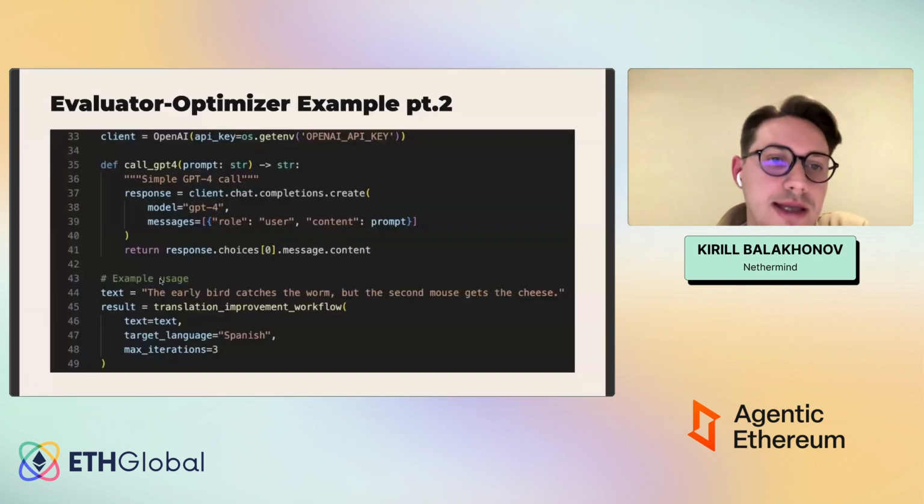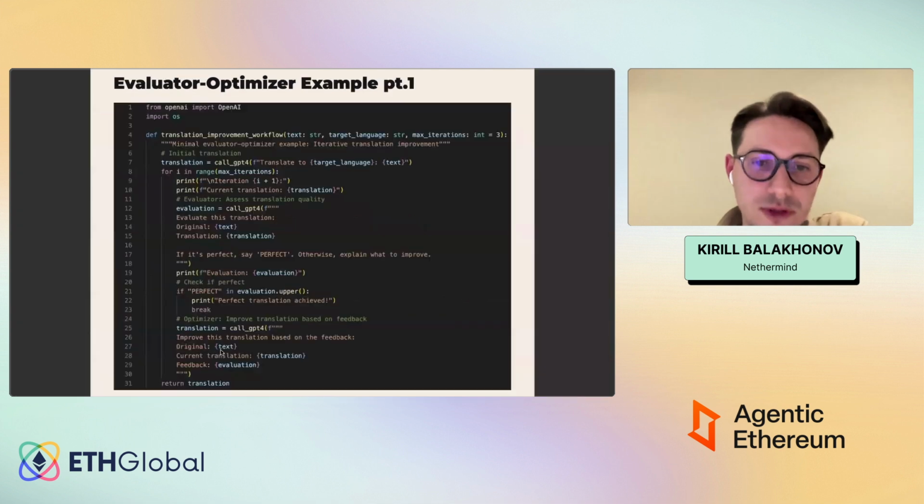So we have example usage: the early bird catches the worm, but the second mouse gets the cheese, and we want to translate it in this case to Spanish, and we set max iterations, which sets the restriction for this loop to not become an infinite loop. But the most interesting part is in this function, how it is constructed.